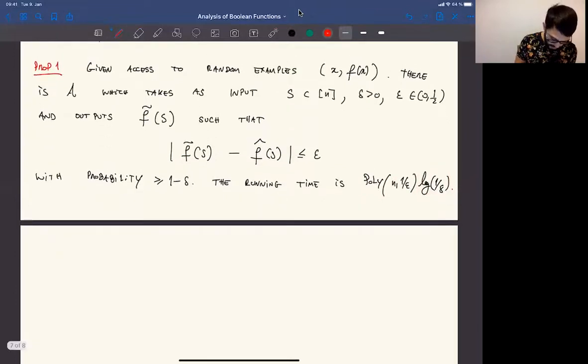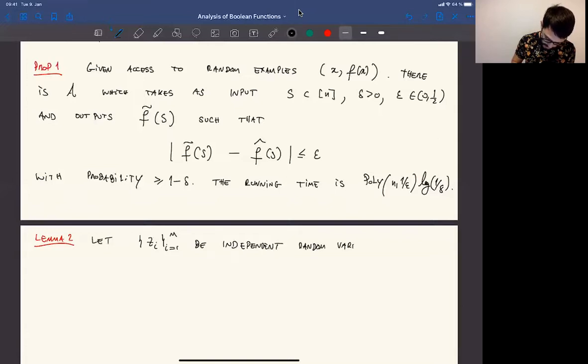And so let me state here Lemma 2. Let z_i, for i from 1 to m, be independent real-valued random variables such that a is less than or equal to z_i, which is less than or equal to b, for every i, and suppose they all have the same expectation.